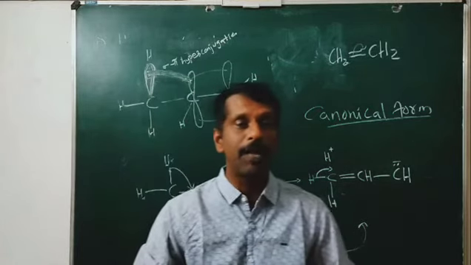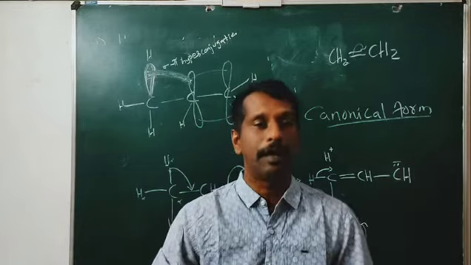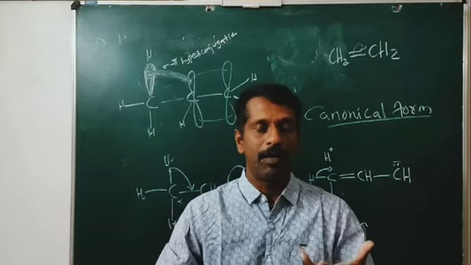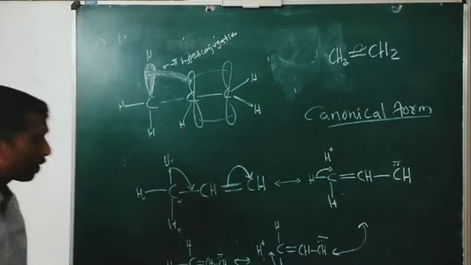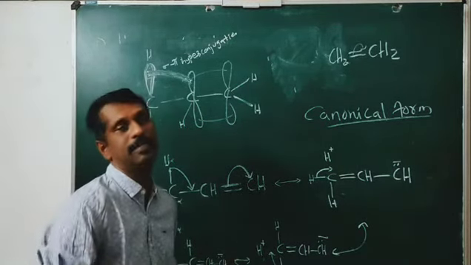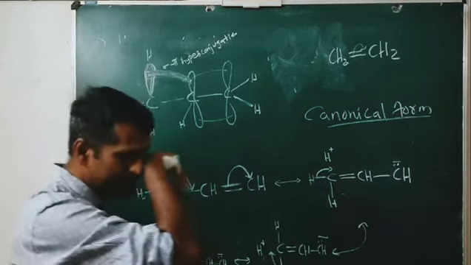More the number of canonical forms, the more the stability of the molecule. Okay, so this is the hyperconjugation in alkenes.